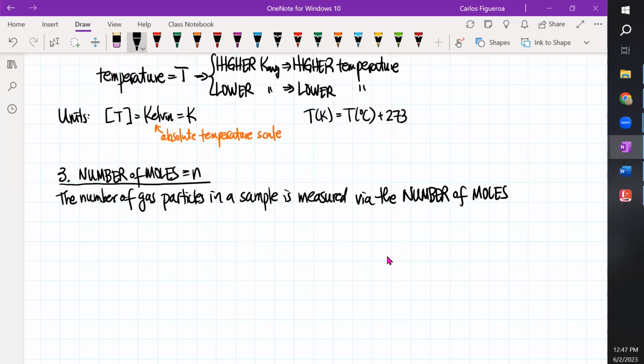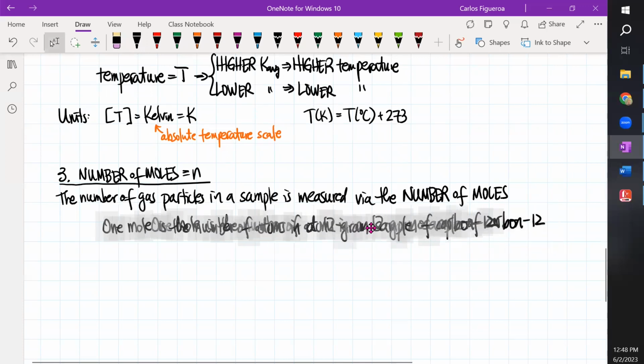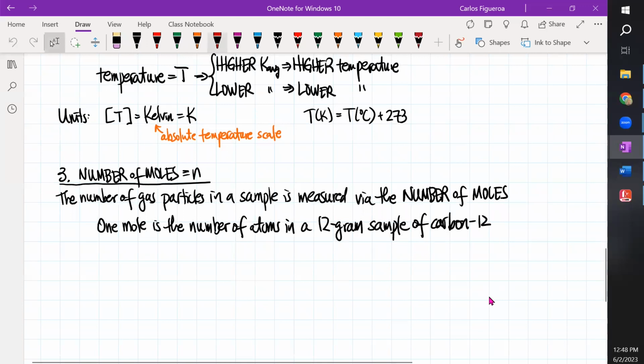So if I look at the definition, we say that 1 mole is the number of atoms in a 12-gram sample of carbon-12. So if I center that, that is our definition of a mole.